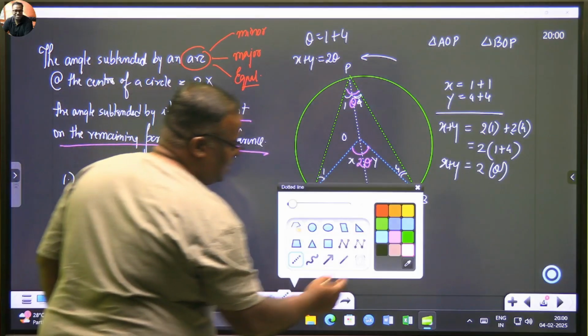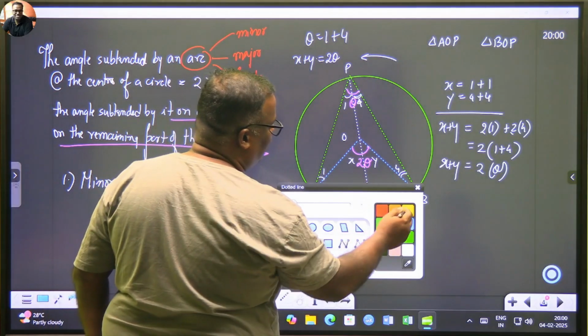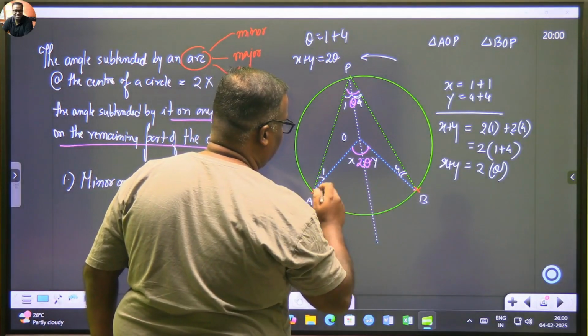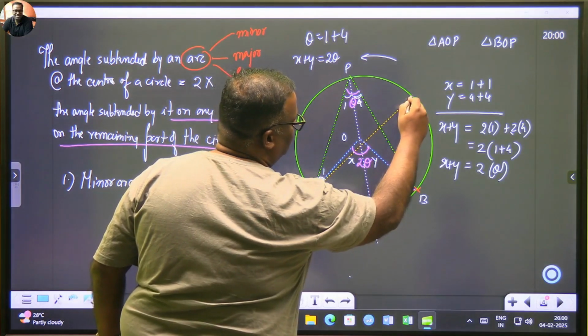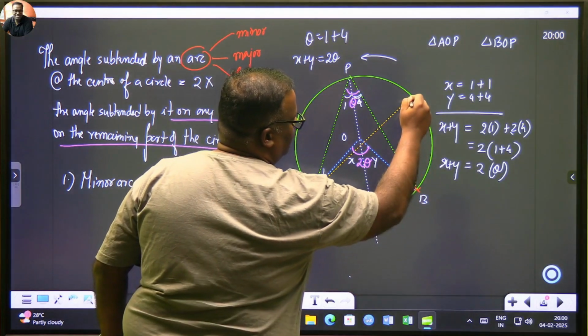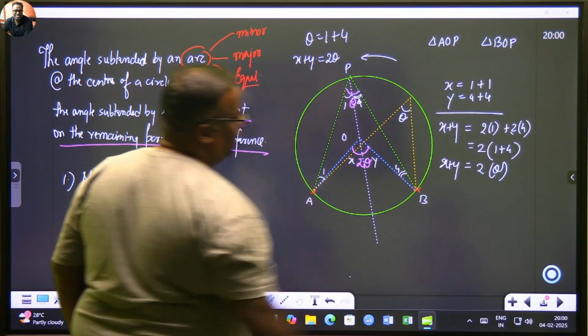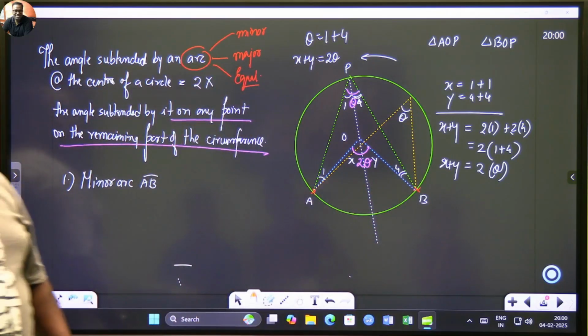Which means that if my P would have been somewhere else, if P would have been here, P could have been here also. Even in this case, if this is 2 theta, this has to be theta. It's not a right angle.